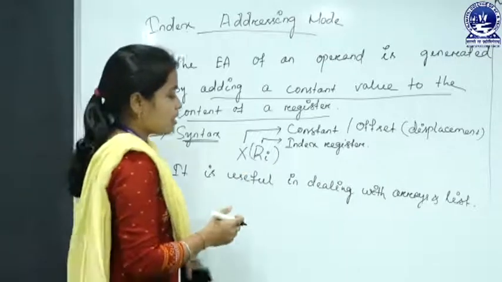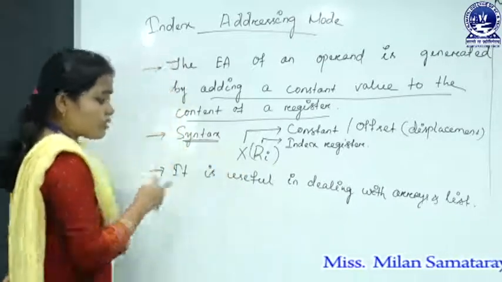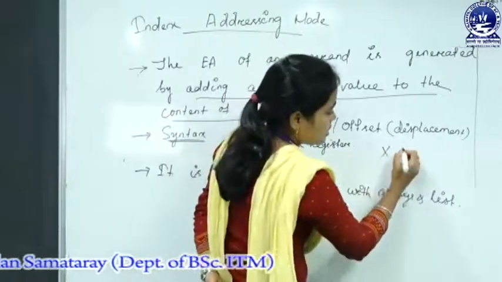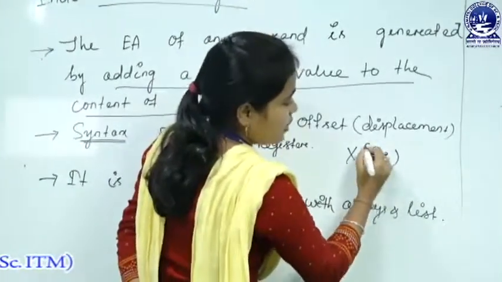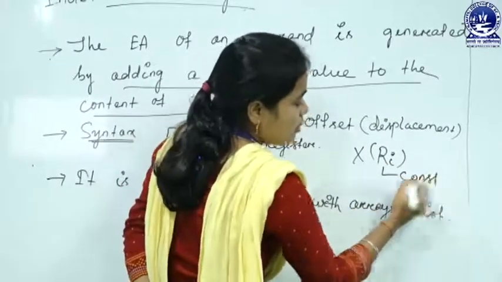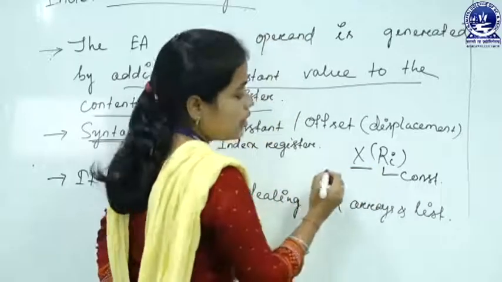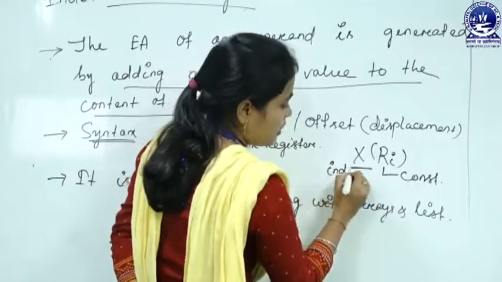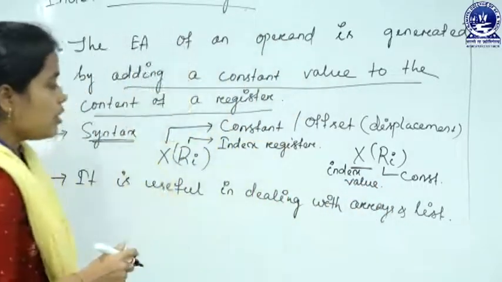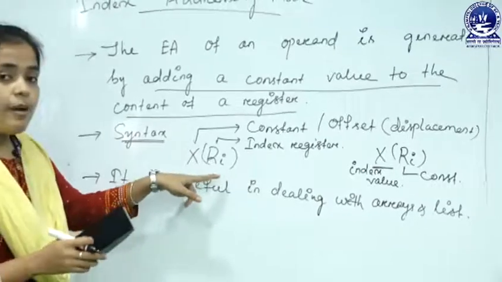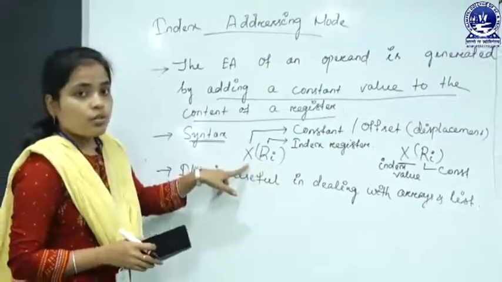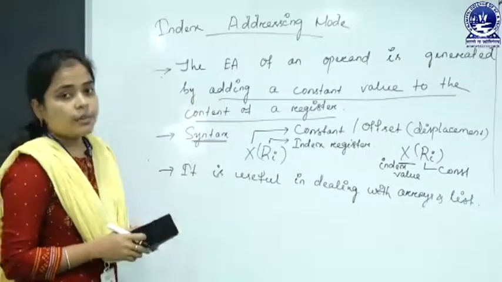I will give an example later. In some other cases we can also write the same concept as X(Ri), but here R contains a constant value and X contains the index value, that is, the memory location. For both of the cases, we have to add the content of these two values to calculate the effective address.